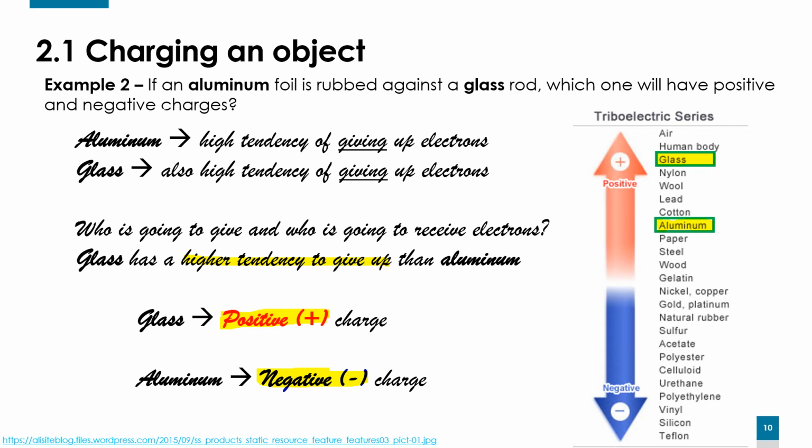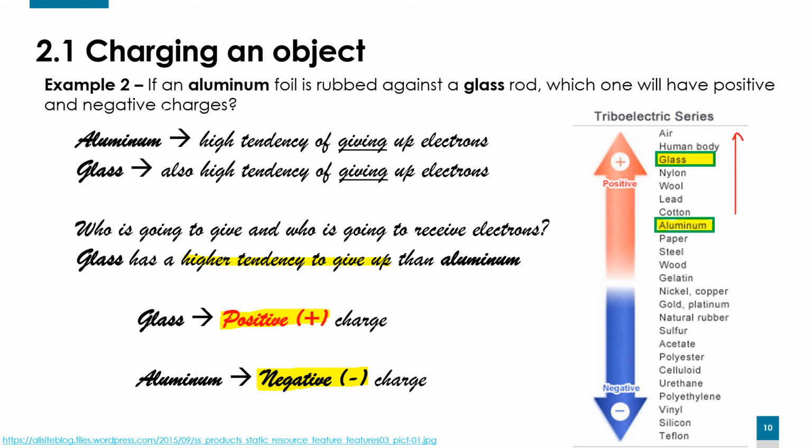Okay, so I put this example here for you to observe that you cannot just memorize this chart. You need to understand. Because I'm using the same substance, aluminum, in examples 1 and 2, but comparing with different materials. So aluminum will behave differently.